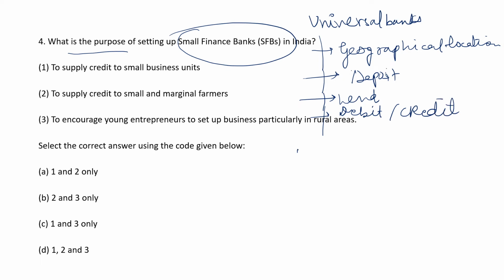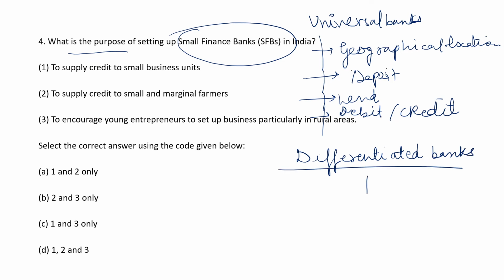But there are other banks that are known as differentiated banks. And those differentiated banks have some restrictions on their activities, and those restrictions can be on the geographical location, how much amount they can deposit, how much they can lend, and issuing debit cards and credit cards.